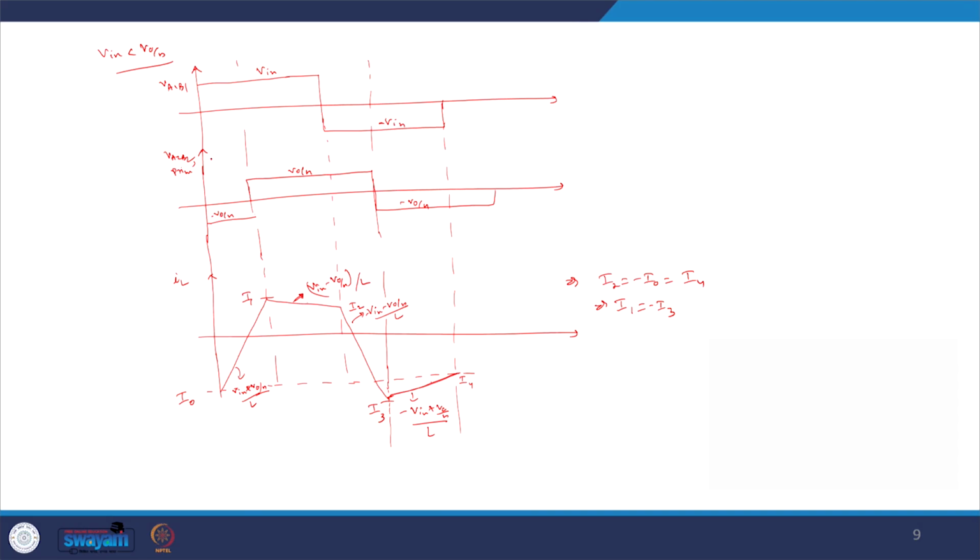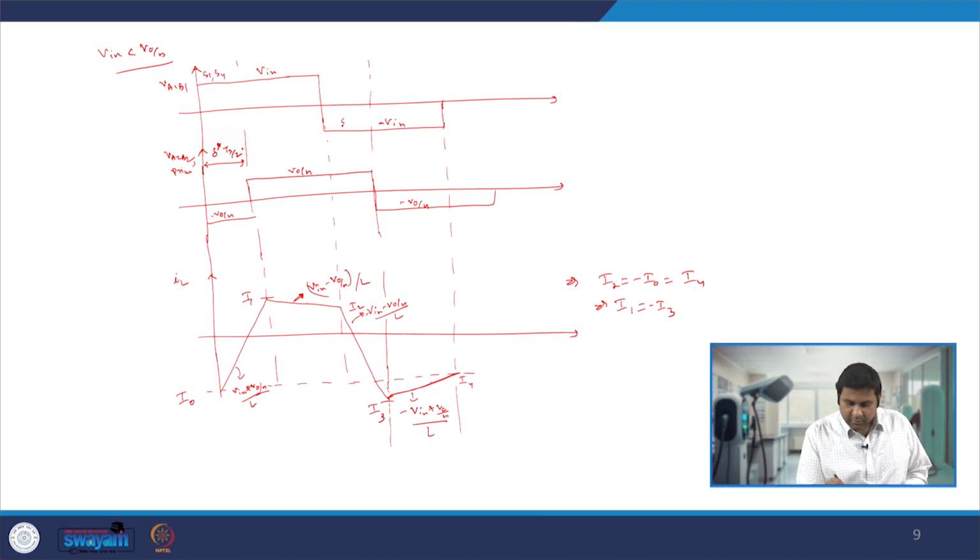Here, if you look very carefully, this is the delta Ts by 2 period. Here switches S1 and S4 are on, here S2 and S3 are on. Here S5 and S8 are on, and here S7 and S6 are on.